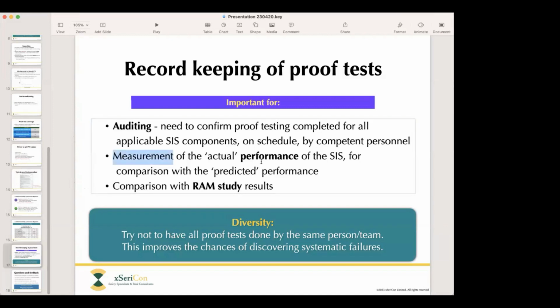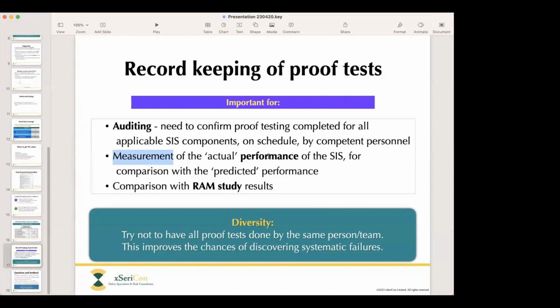Another reason why it's important is because you need to keep records of how well the safety function is actually performing in terms of what are the observed failure rates of the device, and also whether you are seeing an unacceptably large number of systematic failures, that means failures caused by human error, such as leaving a bypass in place.